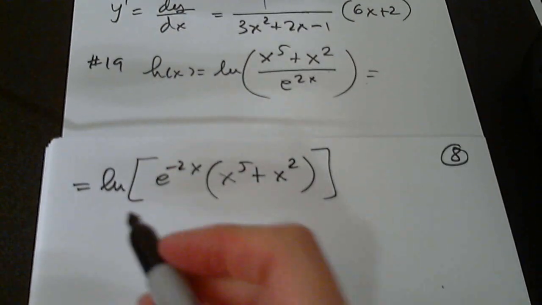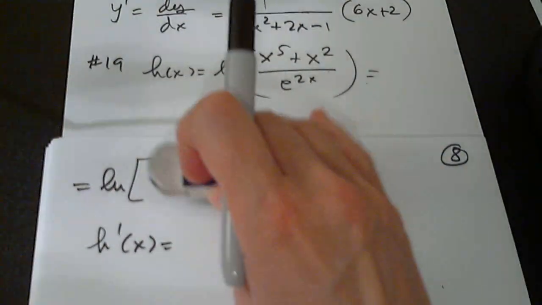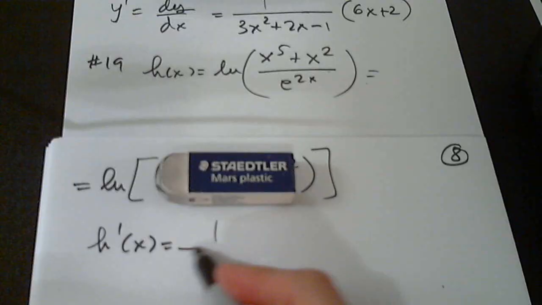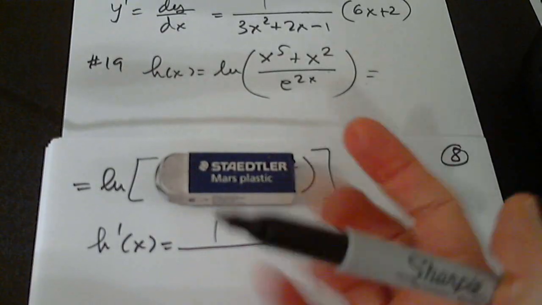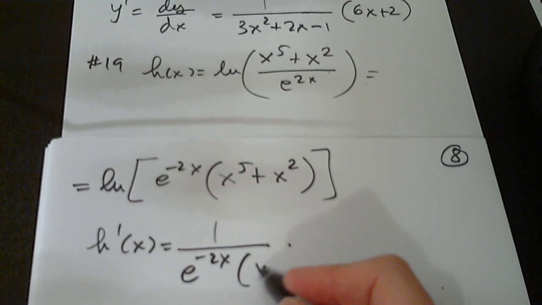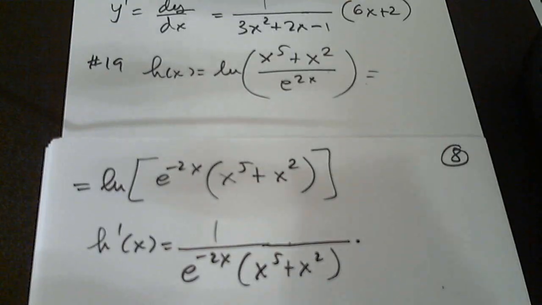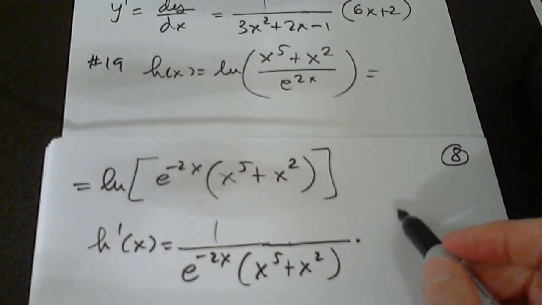So h prime is log of a function. So it has to be 1 over the function times the function prime. So we have e to negative 2x, x to the 5th plus x squared, times the inner function prime. But the inner function is a product.